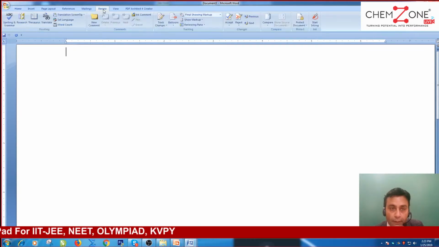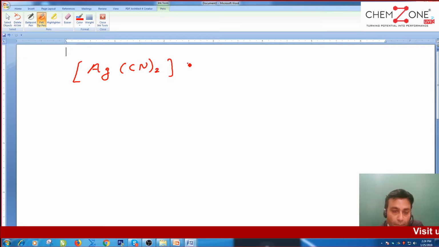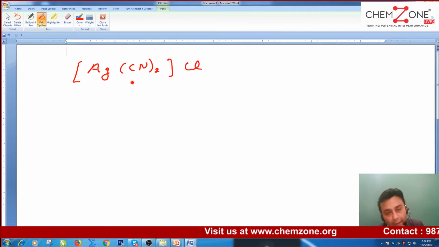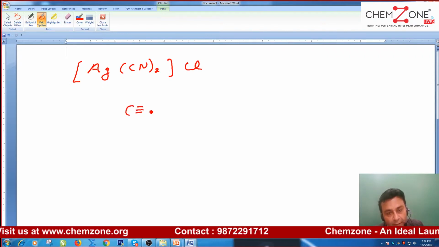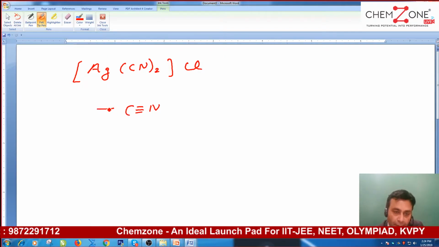So if I give you this complex, I can assume that since you have written the C first, it is bonding to carbon instead of nitrogen.